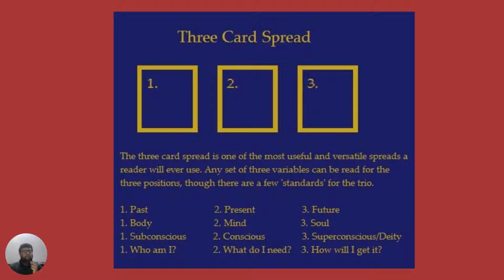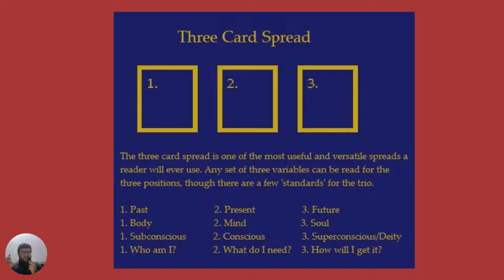Or if you want to ask about mind, body and soul, then the first card tells about the body, the second about the mind, and the third about the soul. And if one wants to know what his aim of life is, and other such questions, then the first card answers what the personality of that person is.